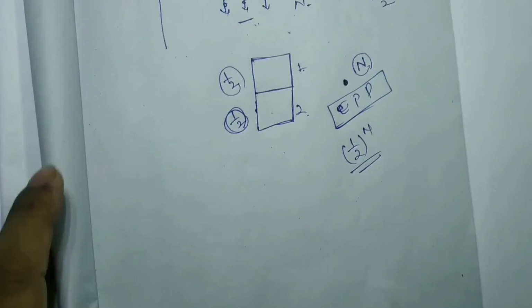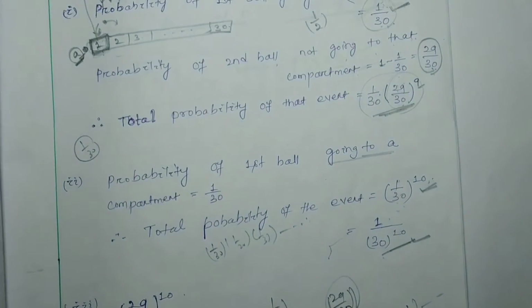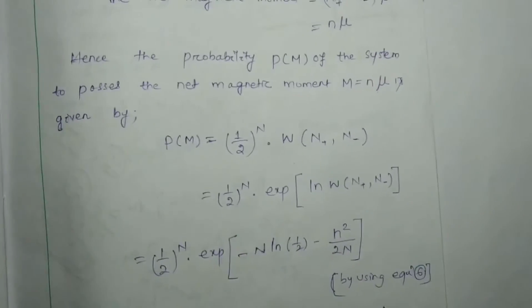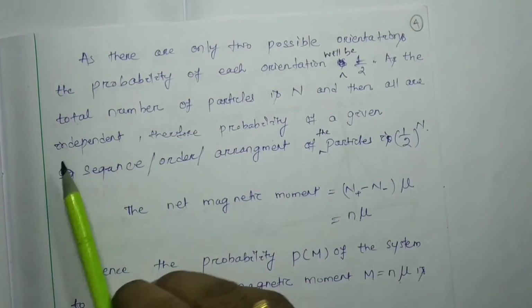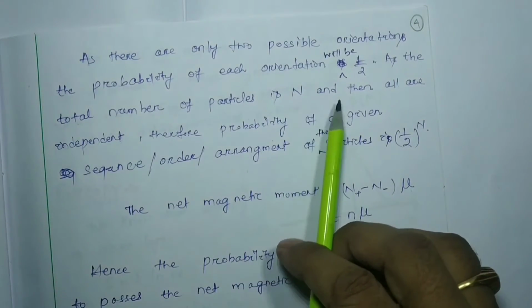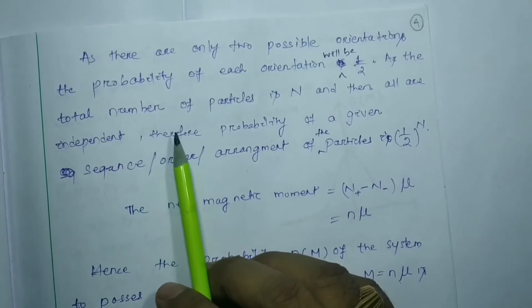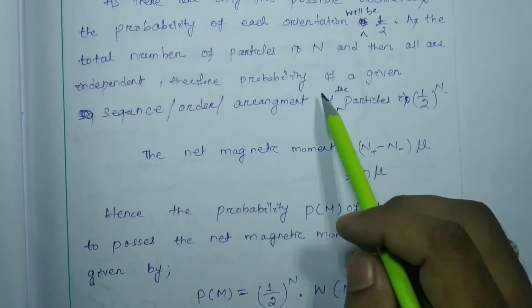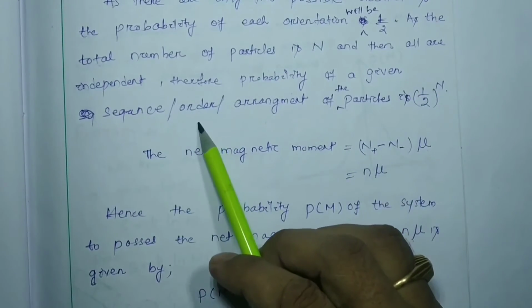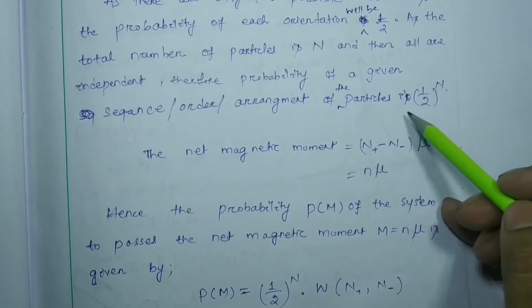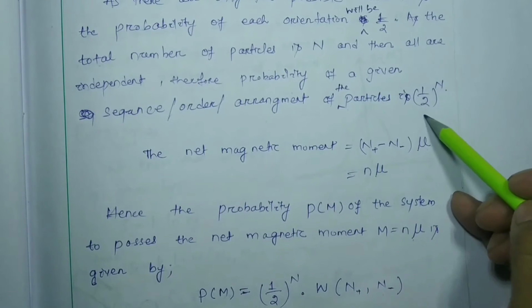That is written over here: as the total number of particles is n, and all are independent, the probability of a given sequence or order or arrangement of the particles is 1 by 2 to the power n.